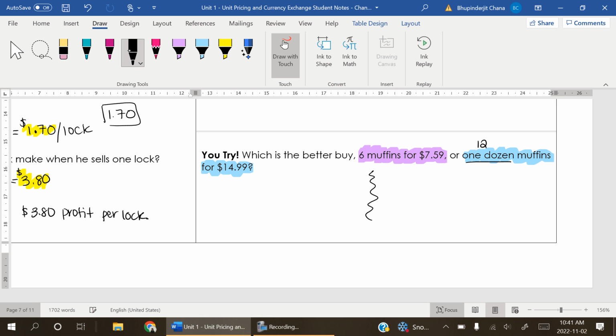Okay, so you're going to have to set it up for 6 muffins. You need to find the unit price. And then you want to find the unit price for 1 dozen. Okay, and then tell me which one is the better buy.